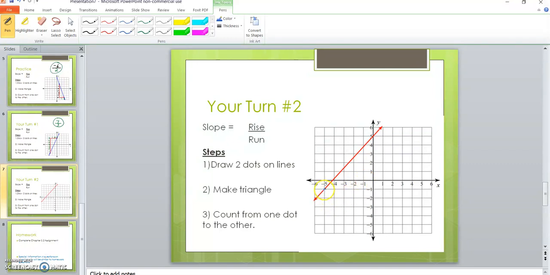It looks like there's one right here. And following it up, it looks like the other one is right here. Okay. And now we make a triangle. And we're going to count up. 1, 2, 3, 4, 5, 6. And over 1, 2, 3, 4, 5. So the slope for this one is 6/5.